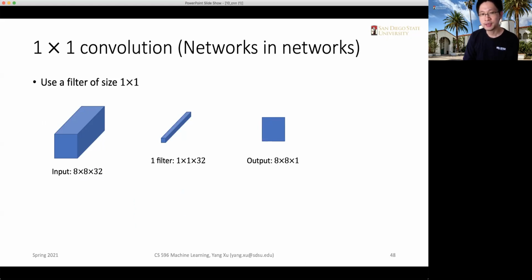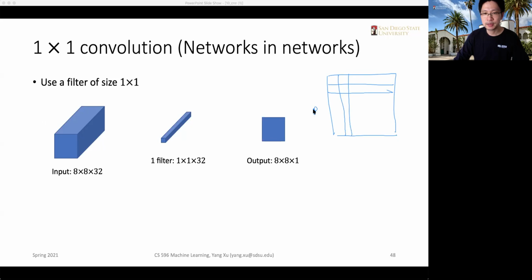Because this 1 by 1 filter doesn't shrink the size, if you only look at one side of the input volume, this is 8 by 8. We're just looking at the profile, okay? If we apply a 1 by 1 filter, it just covers that small region, and the dot product will be conducted on all the elements within this region.